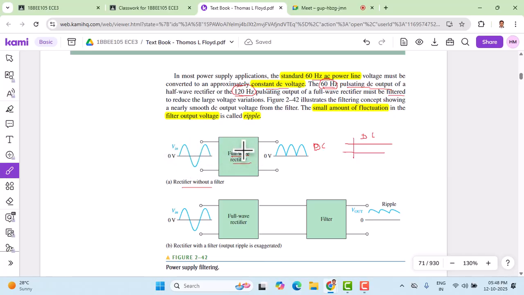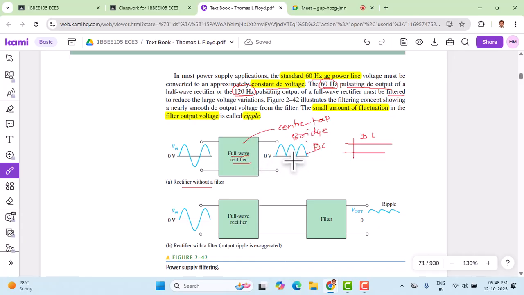This can be a center tap, though it is not shown here, or it can be a bridge rectifier. Whichever we are using, center tap or bridge rectifier, the output waveform is pulsating. All negative cycles have now become positive half cycles. So this is the pulsating DC waveform we're getting from the rectifier.